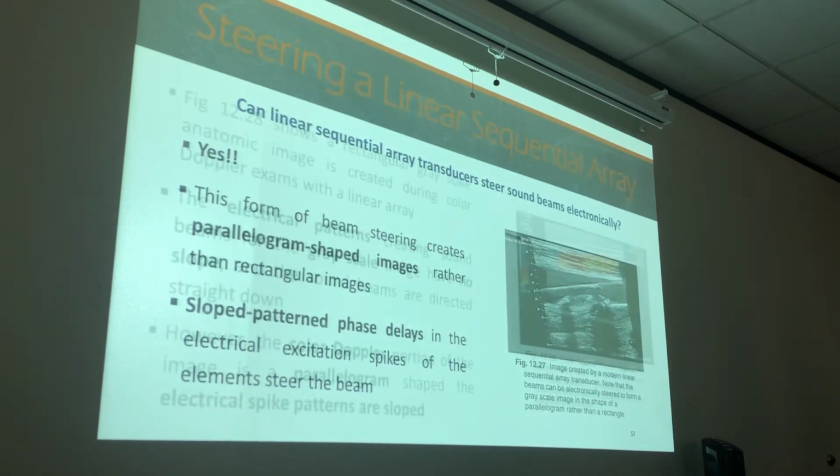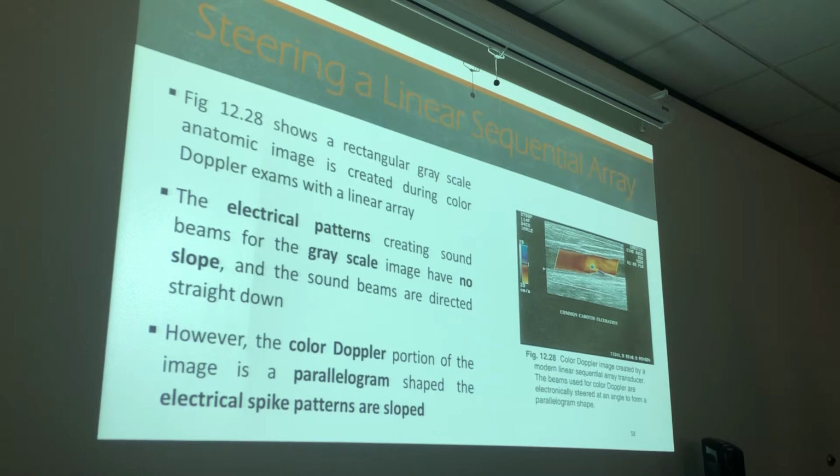But we see the angle clearly right here. My color Doppler image is a parallelogram. You see that? So we know that the electrical spike patterns from my Doppler signals that create the Doppler segment of the image are sloped, because it's creating that parallelogram shape. So it's making a 60 degree angle?